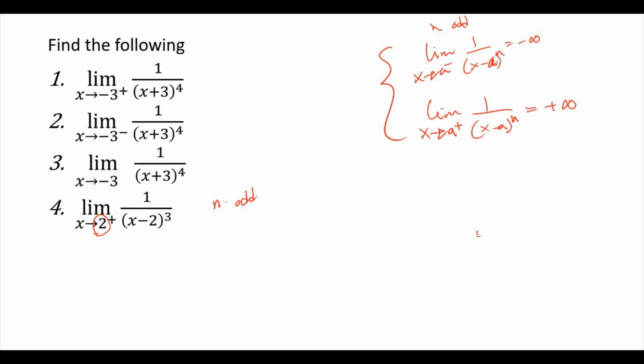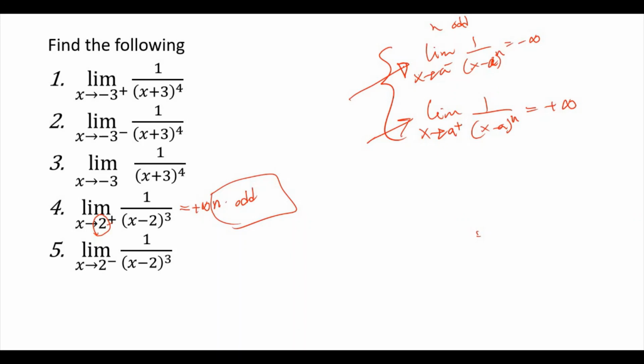So the limit when x approaches a from above is going to match this part, and the answer for this part is going to be positive infinity. So the function increases without a bound when x approaches 2 from above. When x approaches 2 from below, that matches this part of the theorem, so the function decreases without a bound when x approaches 2 from below.